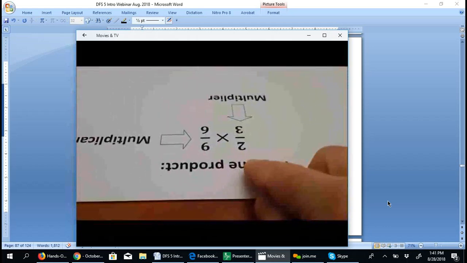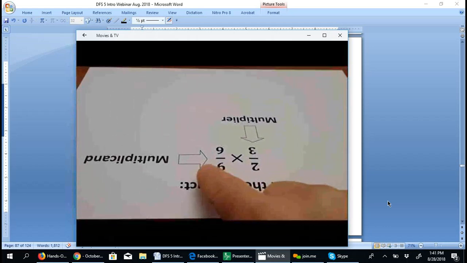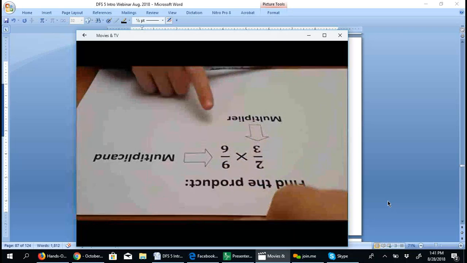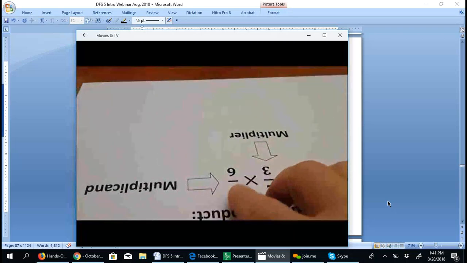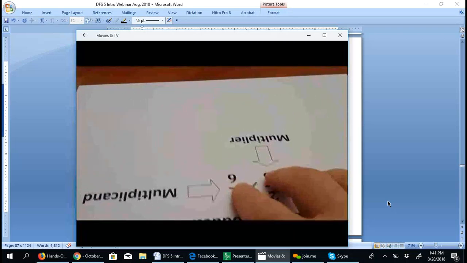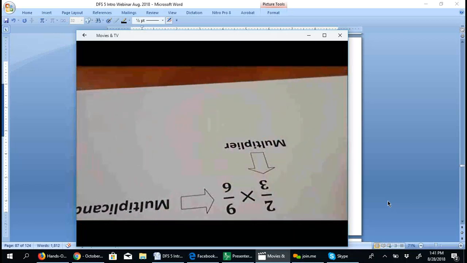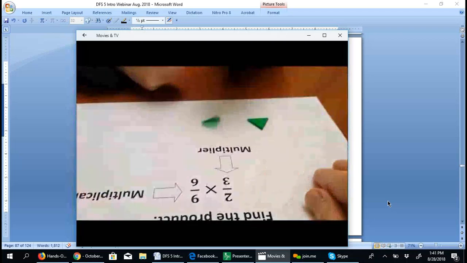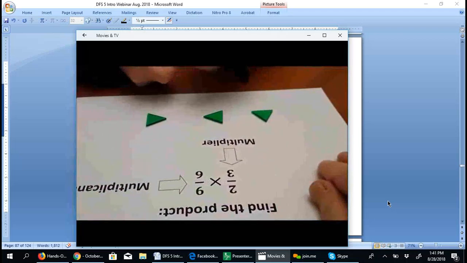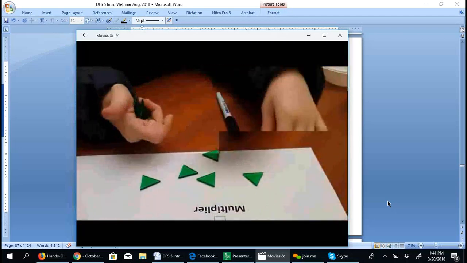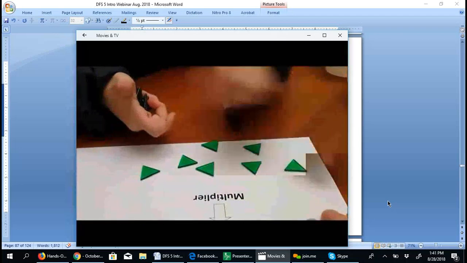I want you to help me with this problem. We need to find 2/3 of 9/6. Which is the multiplicand? So we need to begin with 9/6. Would you please place 9/6 on this paper? So she's placing down the multiplicand first, which is 9/6.